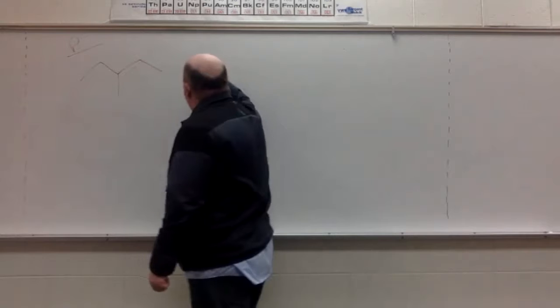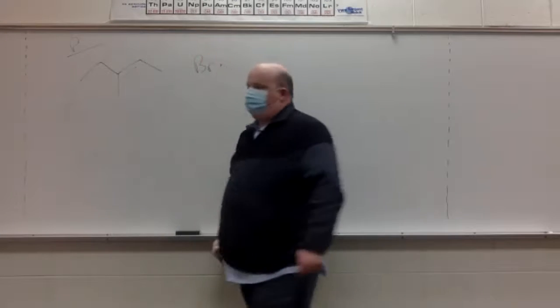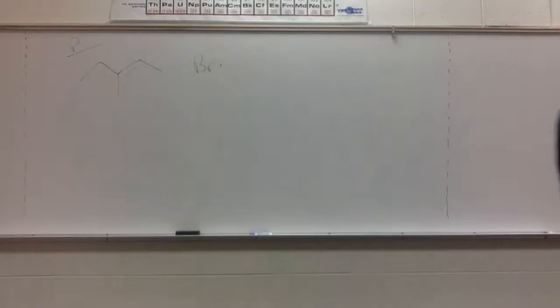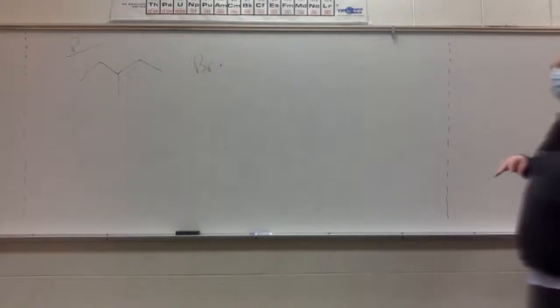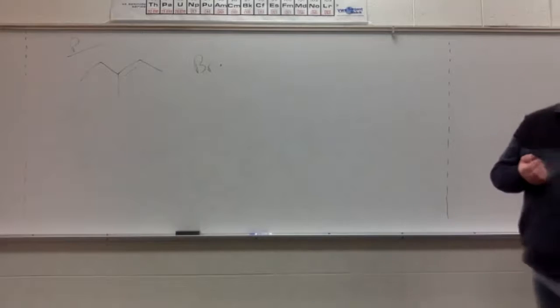All right, so once you get to propagation, that's where your hydrocarbon reacts with the Br radical. Now, previously, we've seen that we end up with some sort of situation where your hydrocarbon loses an H radical, right? That's going to be a little bit different here. What happens in this case?